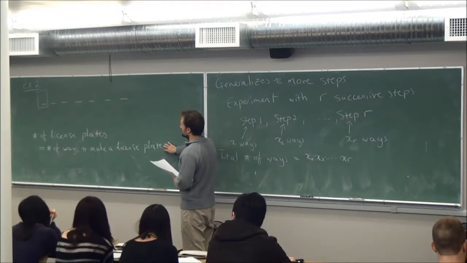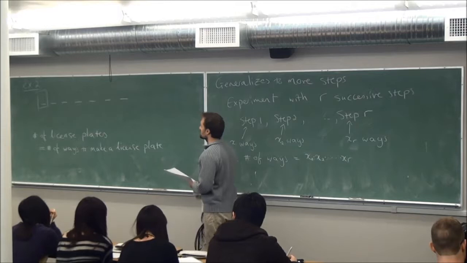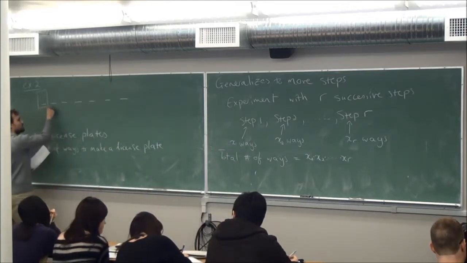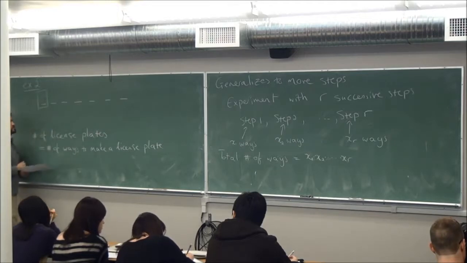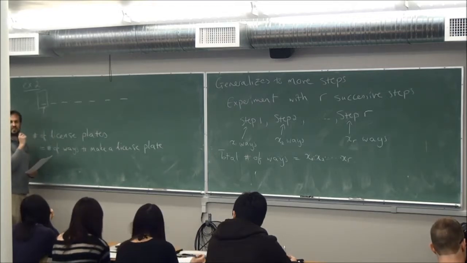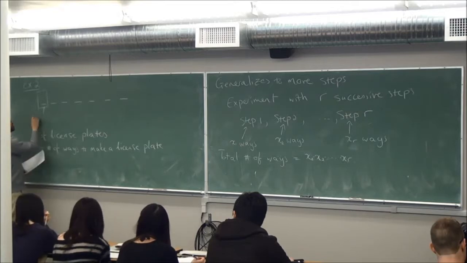That is my experiment. How do I break that up into little steps? My steps are just one position at a time. How many choices do I have to fill in the first position? 3 or 26? 26 choices. Any letter.